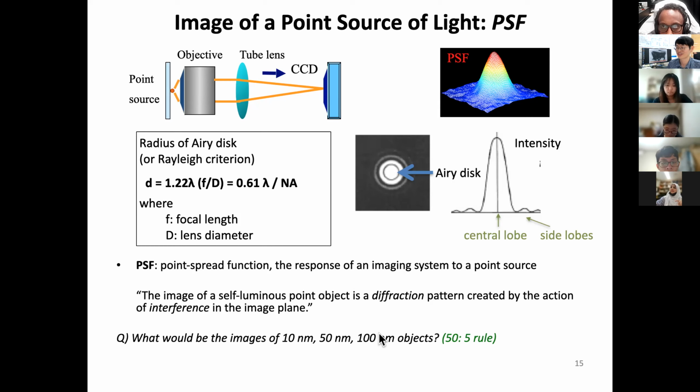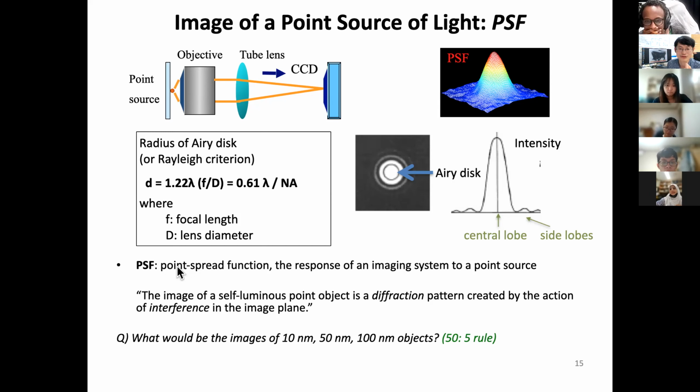Okay, Brahanu? Yes, Professor. So you have a point spread function or resolution of 300 nanometer. With that system, you take a picture of a 10 nanometer quantum dot. What will be the size of your image? I'm not asking a very difficult question. You look at that point spread function.